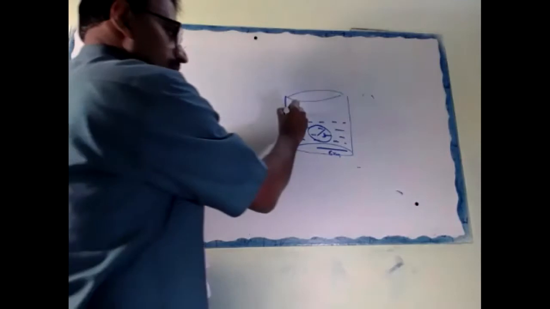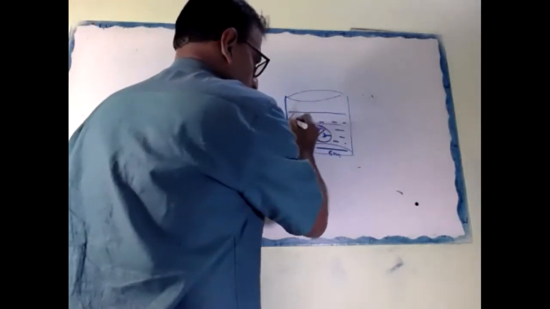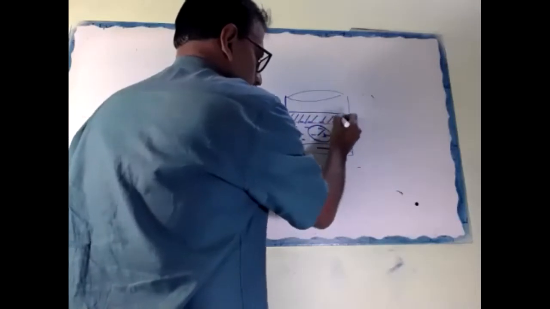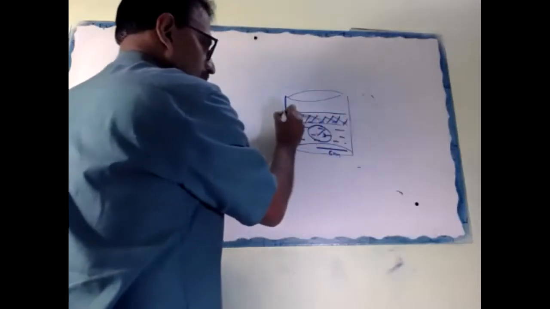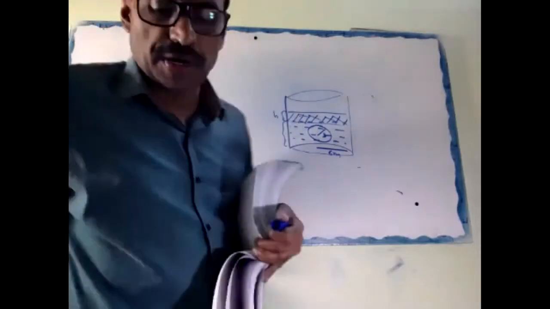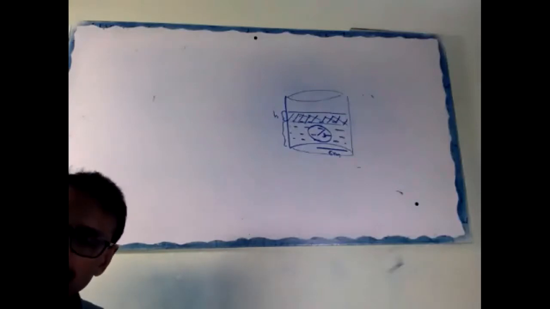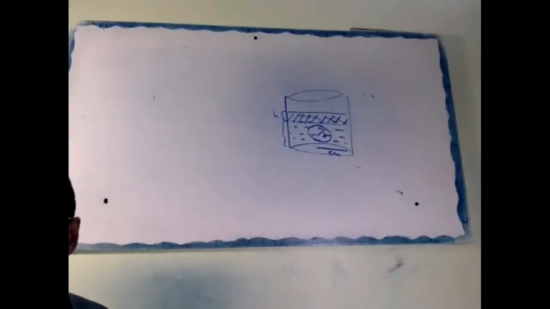The water level will rise. Correct or not? This part will rise, height h. How much does the water rise? Water has a special quality: whichever container it is in, it takes the same shape. Correct or not?